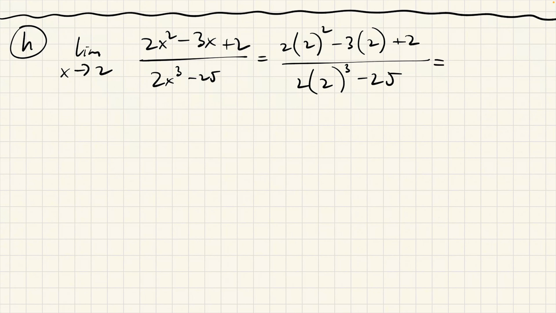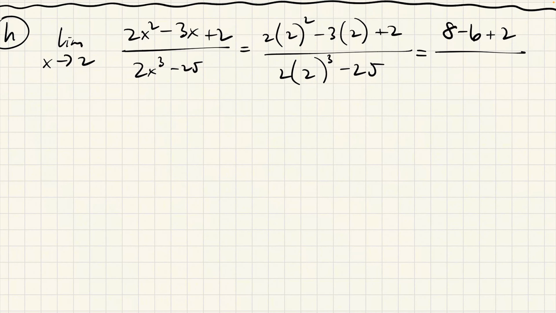Let's see, 2 squared is 4 times 2 is 8. So I get 8 minus 6 plus 2. The bottom I get 8, 16, 16 minus 25.